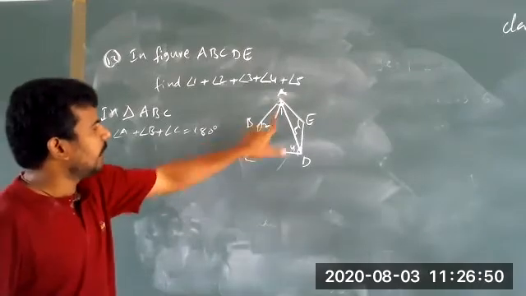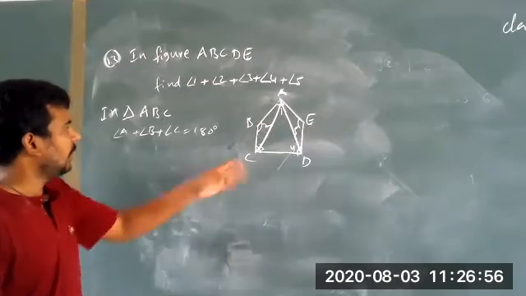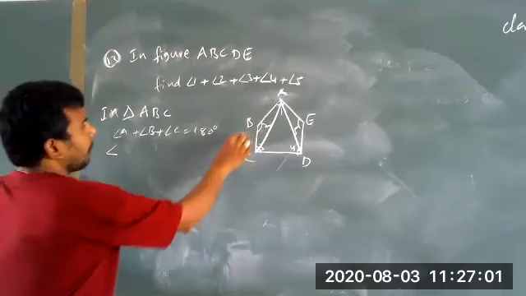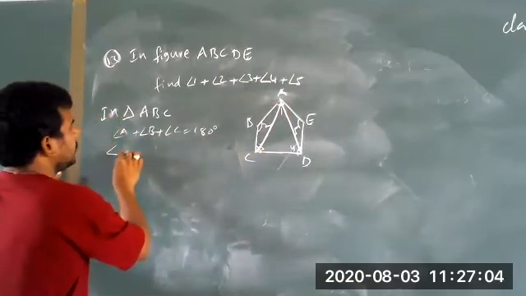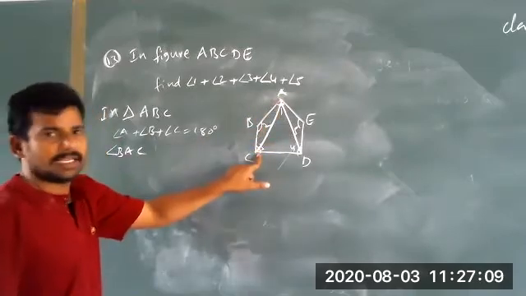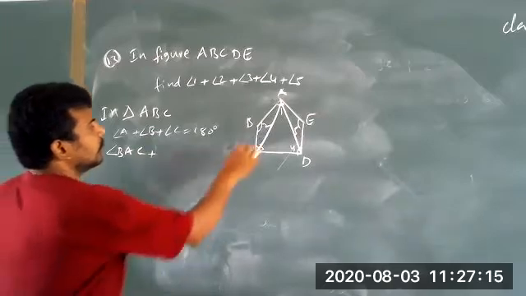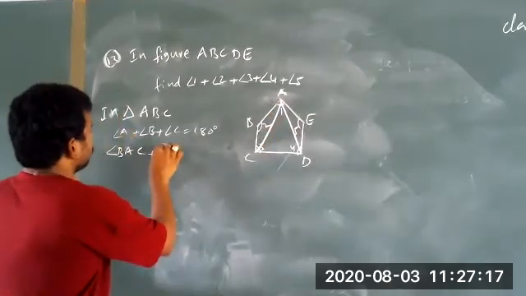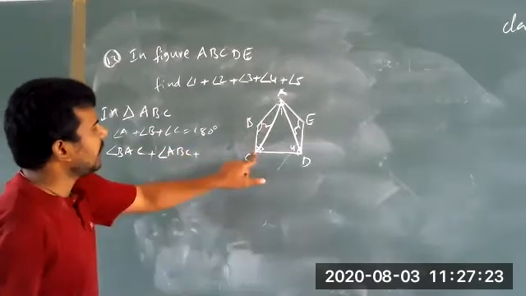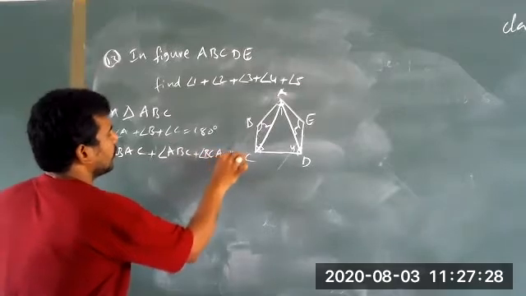That means angle 1 plus angle 2 plus angle 3, that is angle BAC plus angle ABC plus angle BCA, is equal to 180 degrees.